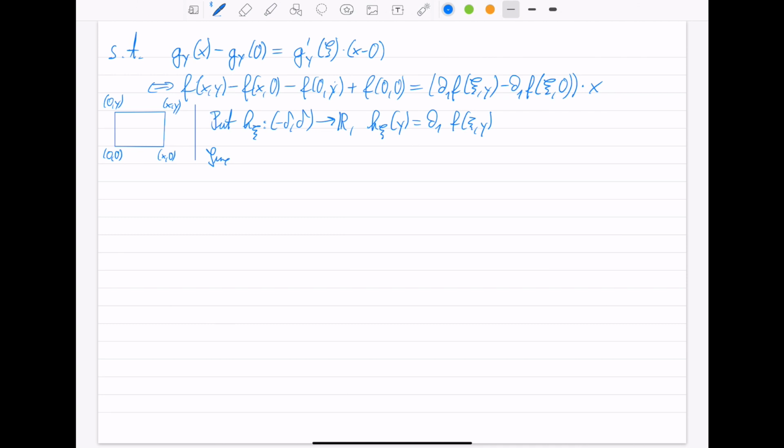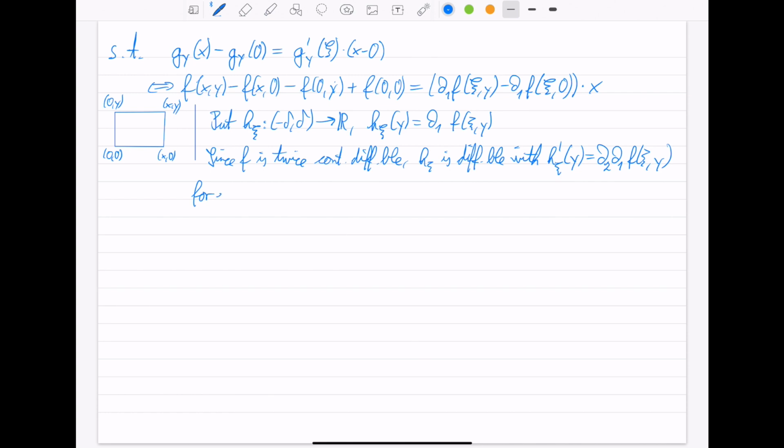So since f is twice continuously differentiable, h psi as a map is differentiable, and by construction, you can then see that h psi prime of y, this is now simply by deriving the second component, is just d2 d1 f in (psi,y) for all y in (-delta, delta).